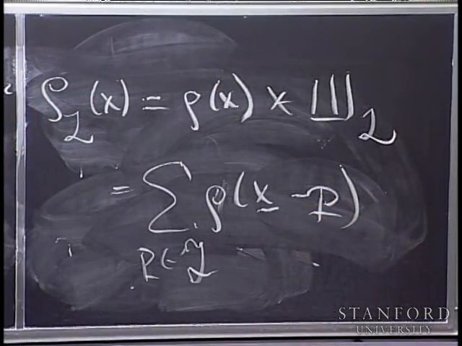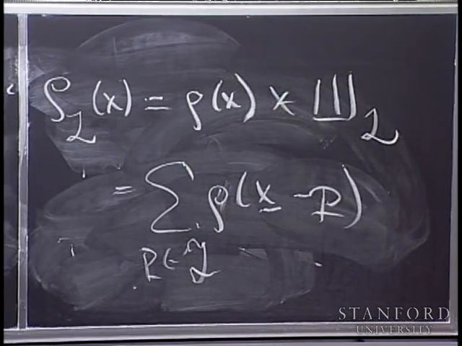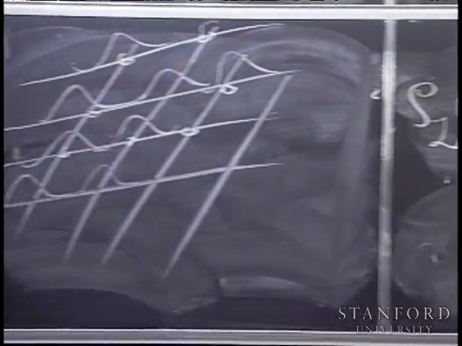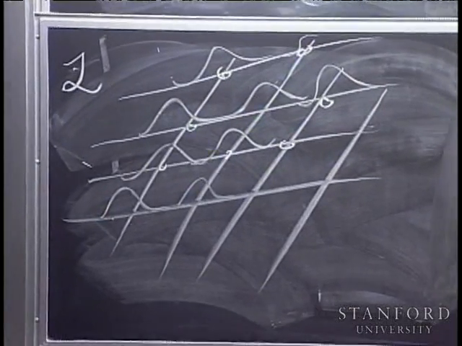Same as in the one-dimensional case. If the density looks like that there, then that pattern is just repeated for the whole lattice. I can't draw this too well, but you get the picture. This is now periodic with respect to the lattice.